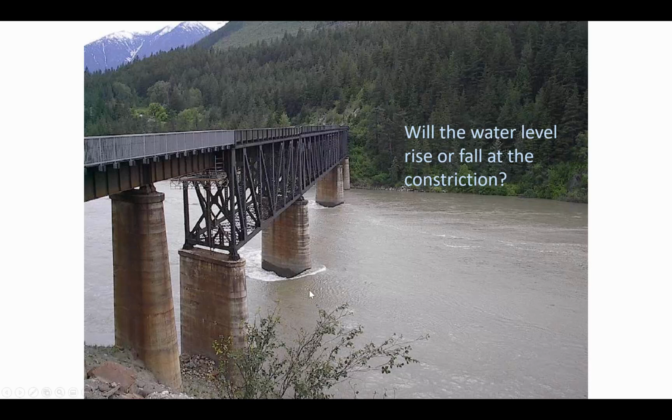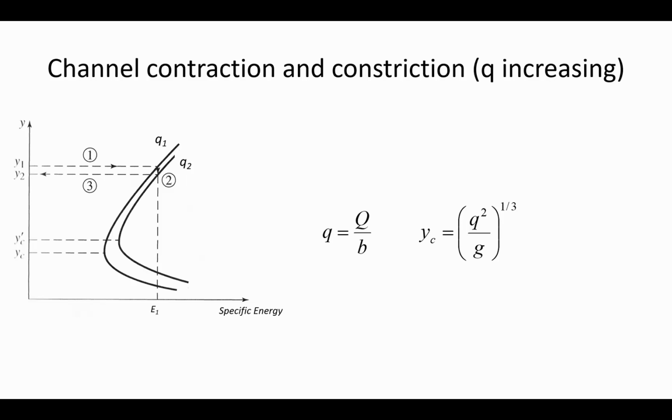If you went from an instinctual basis, you may think, well, if you're reducing the flow width, then maybe that's clogging the channel and so the water's getting deeper. It all depends on whether flow conditions are supercritical or subcritical, so we actually have to run the numbers to find out whether it'll get deeper or shallower, and by how much. We don't know until we do the calculations, and it's based on specific energy analysis.